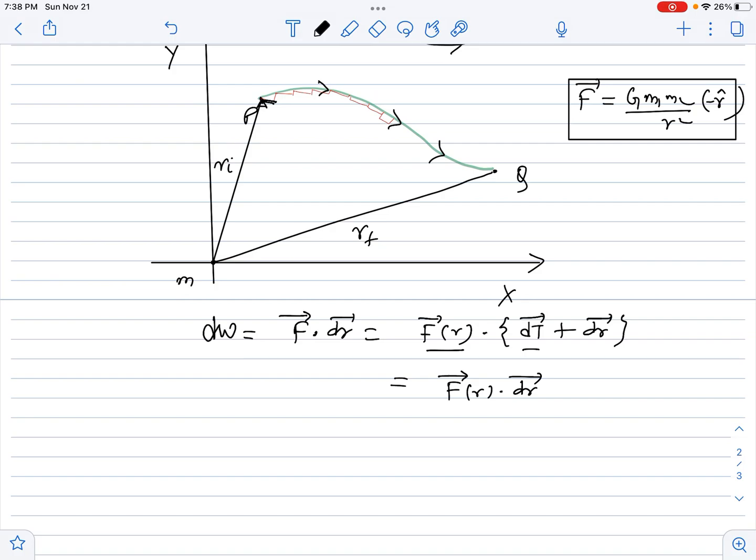The work done by a force perpendicular to the displacement is 0, hence this work is 0, and you can say work is done only along the radial direction.